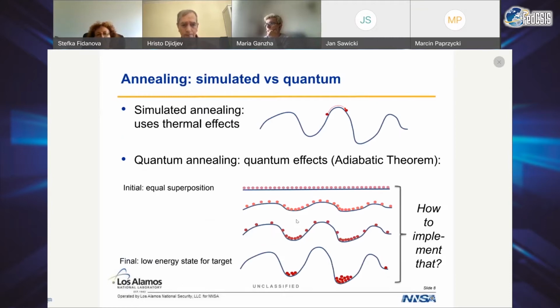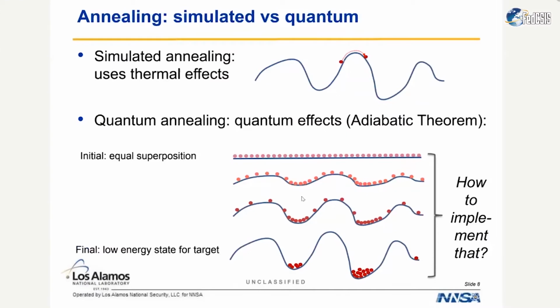Okay, so annealing, this term is used in material science, and it means that if we have some material, we can improve its structure.